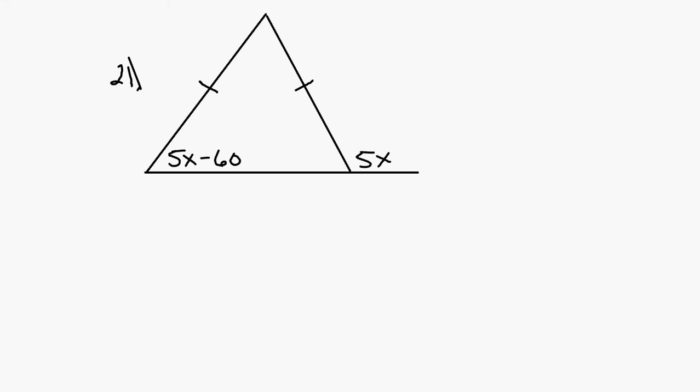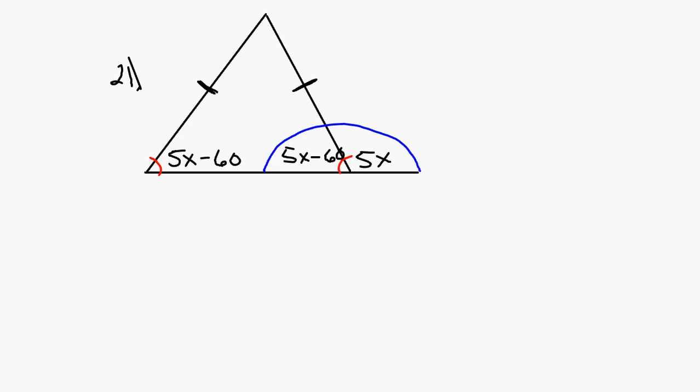And you're asked to find the value of x. All right, if these two sides are congruent, then these two base angles are congruent. And if those two are congruent, then this angle over here on the right is also 5x minus 60.